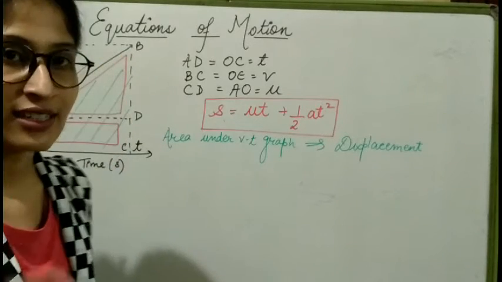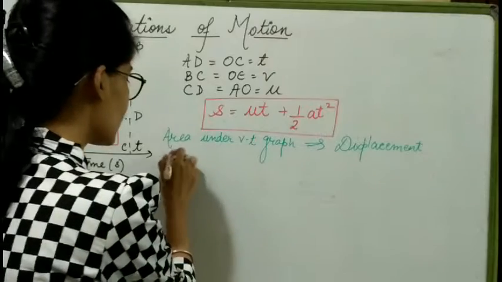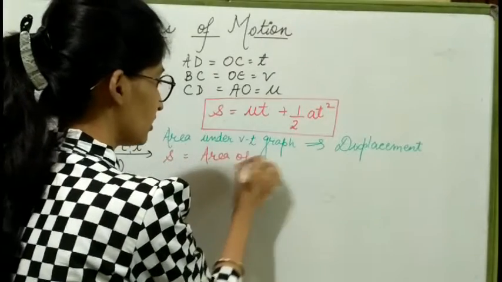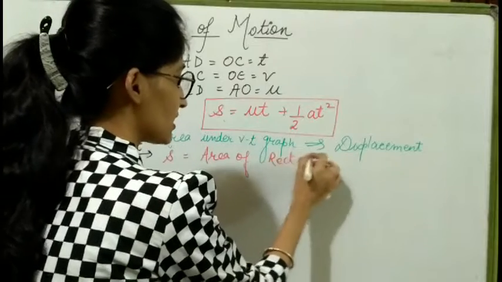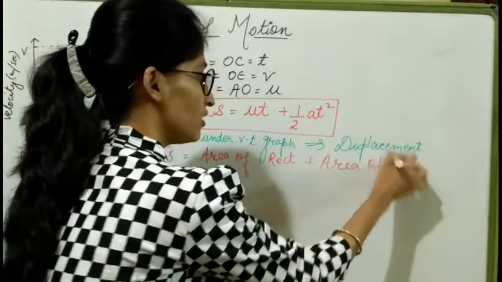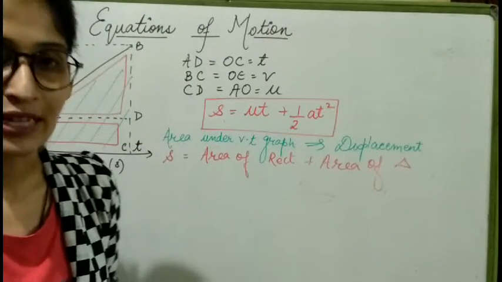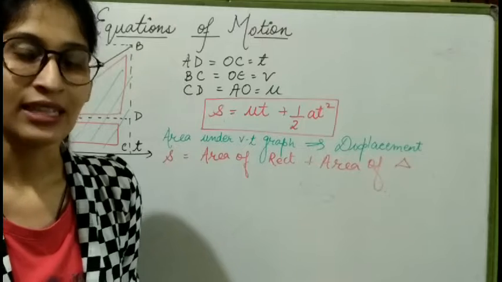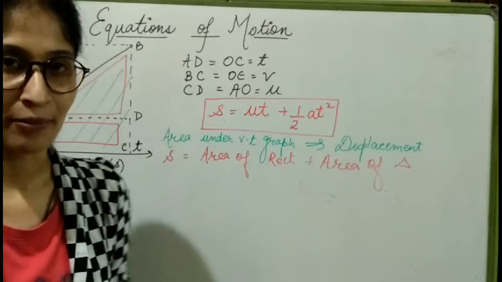So the area under the VT graph is area of rectangle plus area of triangle. The area of rectangle is given by L multiplied by B, that is length multiplied by breadth.